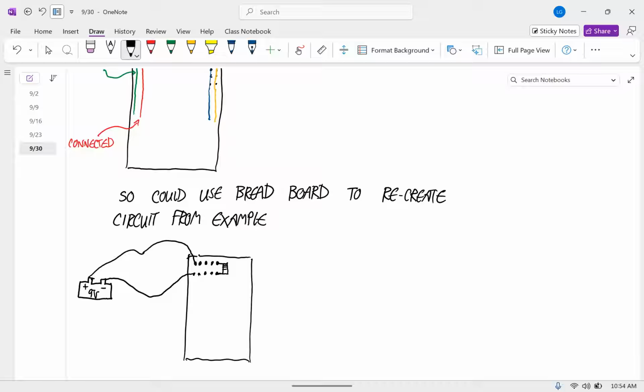Now it flows through the resistor because these 2 are not connected normally. So the only way electricity can flow from this row to this row is through the resistor. And now the electricity that's here is also connected to this, and it flows out of there. Okay, so breadboards are going to be something we're going to use all the time.